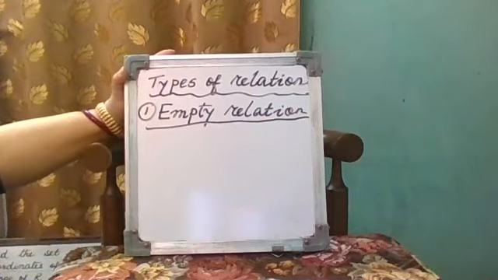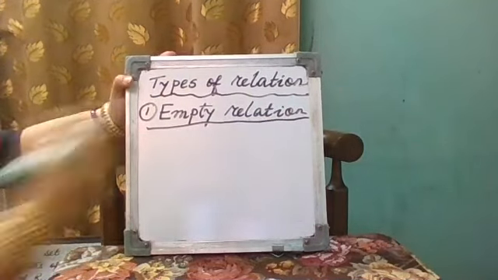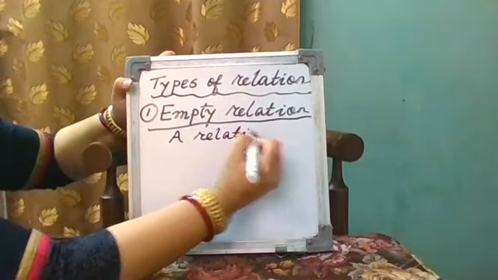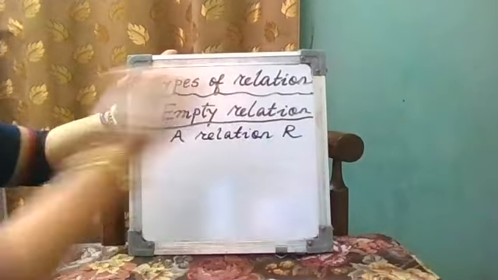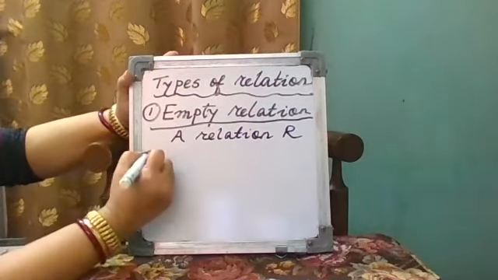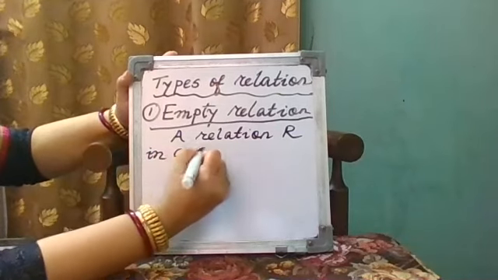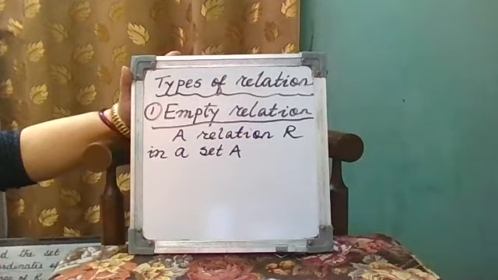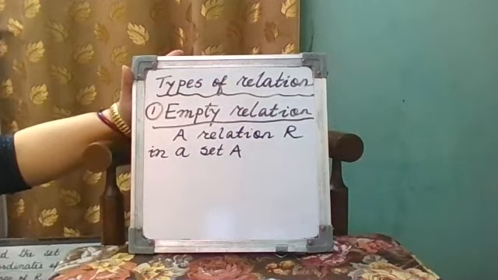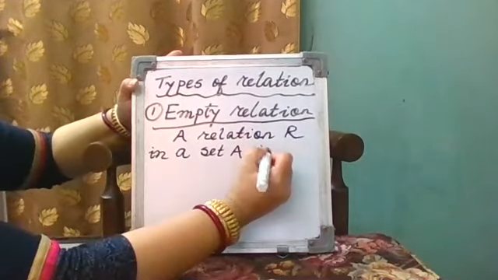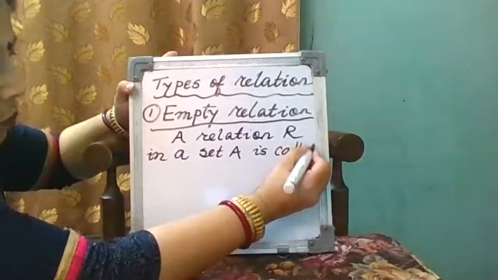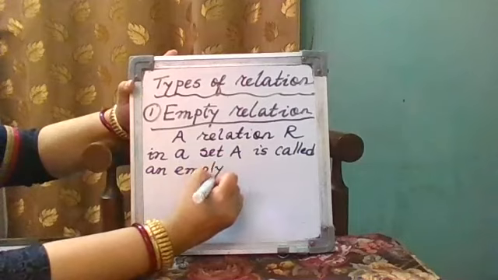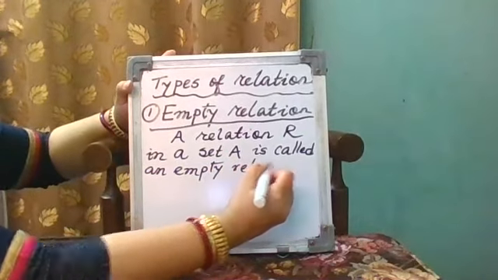First you write, then I'll explain it. Write down: A relation R in a set A is called an empty relation. Some people also say void relation.